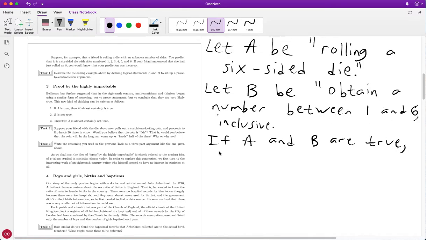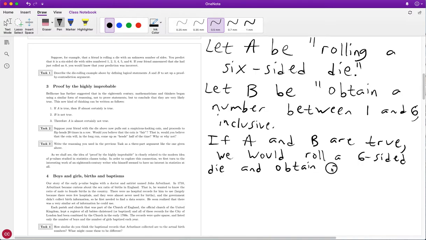So we would roll a 6-sided die and obtain a number between 1 and 6 inclusive.